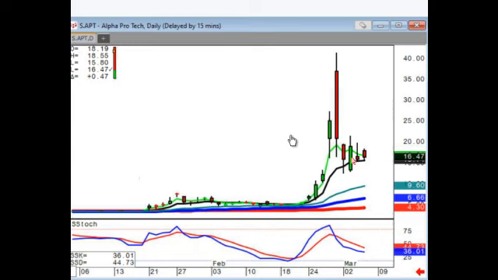What signal is this right here? Anybody? There you go. Most of you got it.